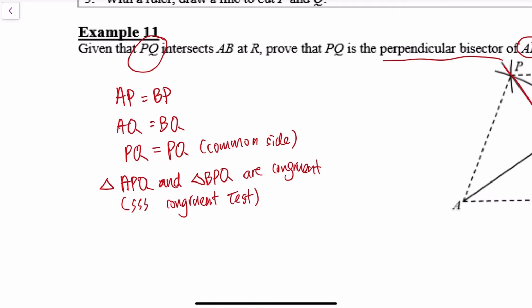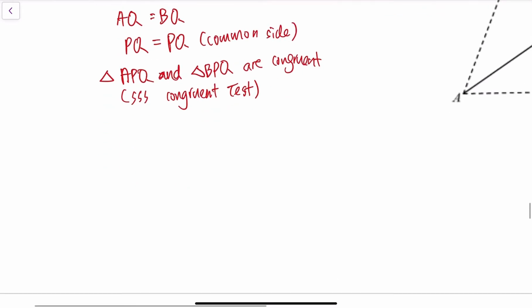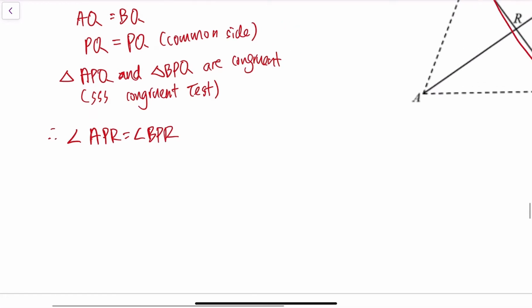But we still haven't really answered the question, right? Because the question is asking us to prove that they are a perpendicular bisector. But having proven that they are congruent to each other, I can therefore say that angle APR is equal to angle BPR. You get it?